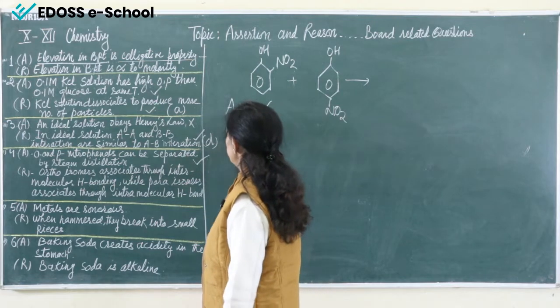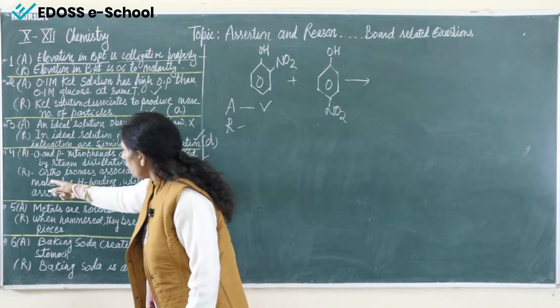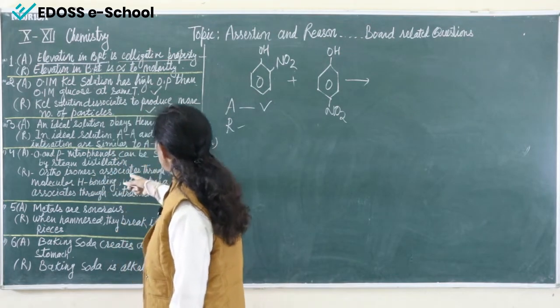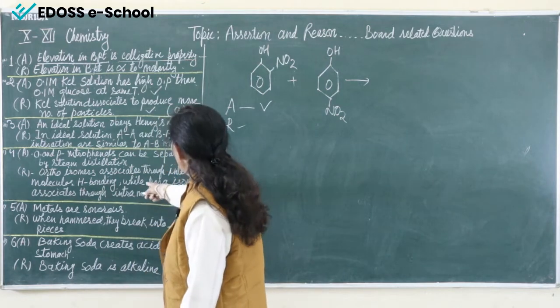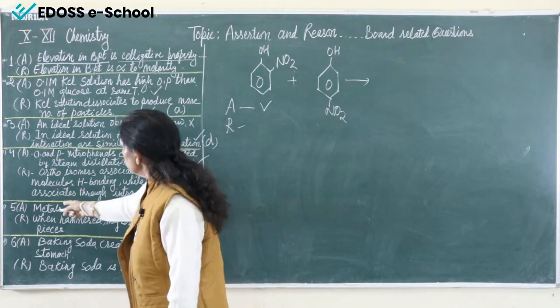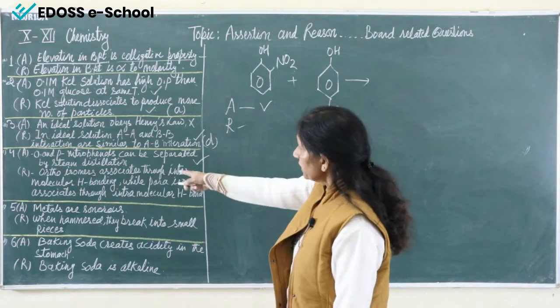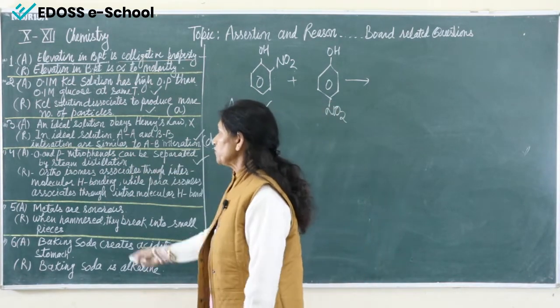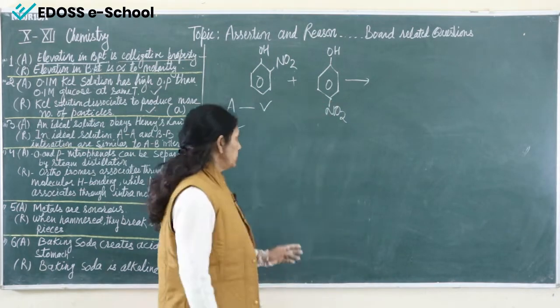Now coming to the reason. Now the reason is ortho isomers associate through intermolecular hydrogen bonding, while para isomers associate through intermolecular hydrogen bonding. Now what is it saying? That ortho isomers are associated. Now what is intermolecular hydrogen bonding? Now see here.